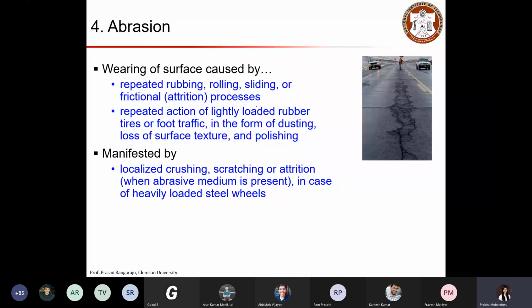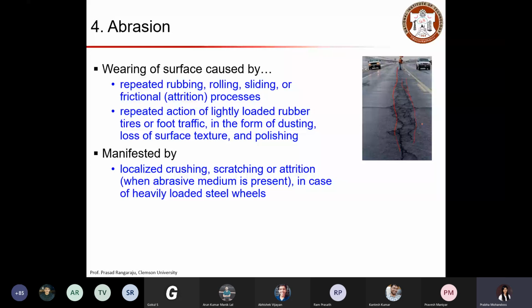Again, like repeated actions of lightly loaded rubber tires or foot traffic in the form of dusting, loss of surface texture, and polishing. So you can see the surface is lost at this particular portion. Why? Because due to the vehicular movement, the surface is subjected to continuous friction or attrition process that will lead to loss of surface.